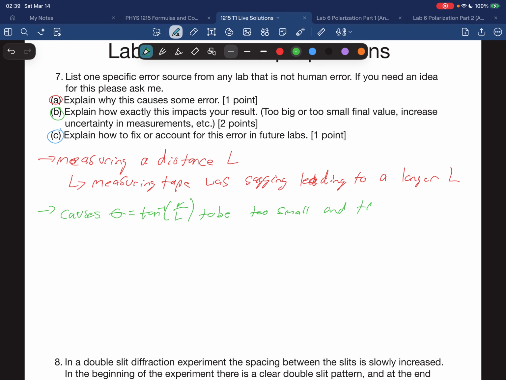And then a small theta causes 1 over the sine of theta to be too big in the overall result. So what I was really looking for here was a logical follow-through of the steps of how exactly the measurement being too big could impact the final value that we were calculating. So I followed it through.